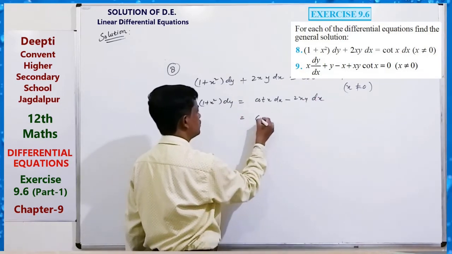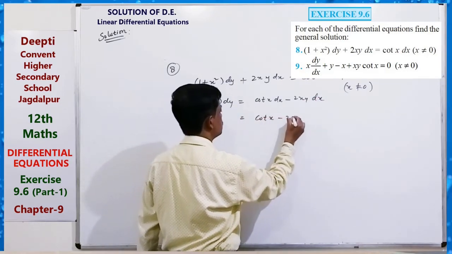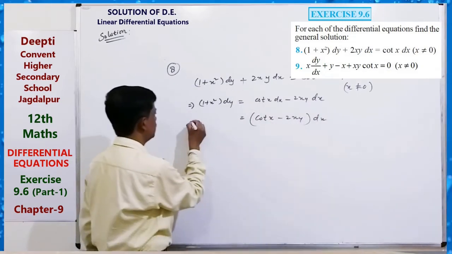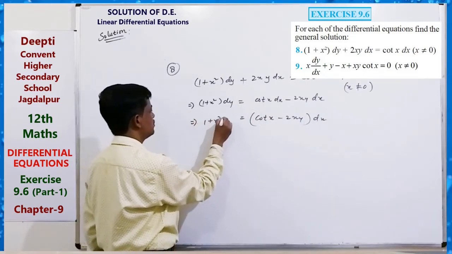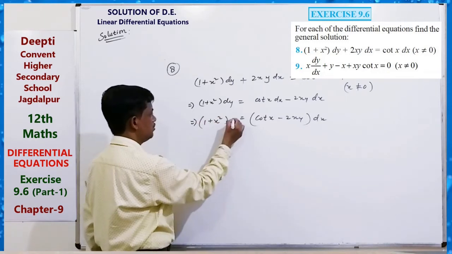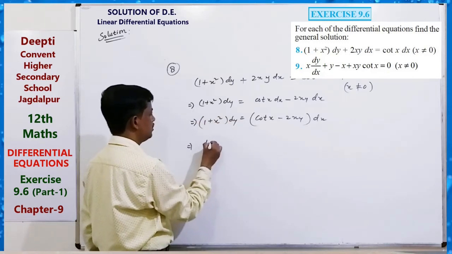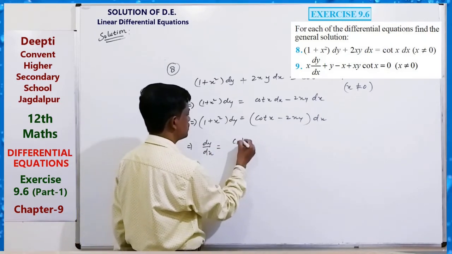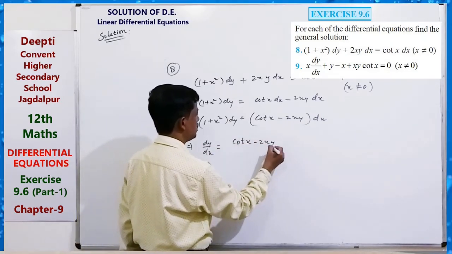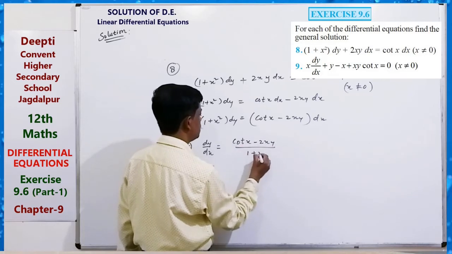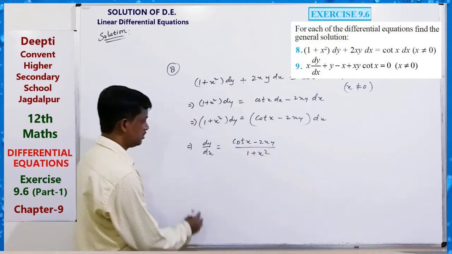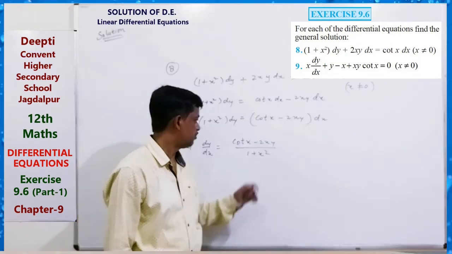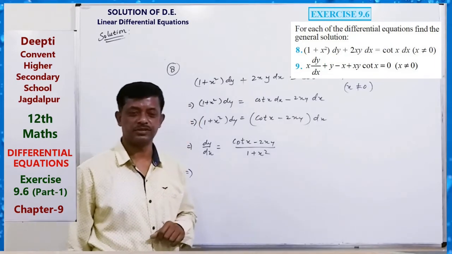So dy by dx equals to cot x minus 2xy upon 1 plus x square. It is not in separable form and also not a homogeneous equation.